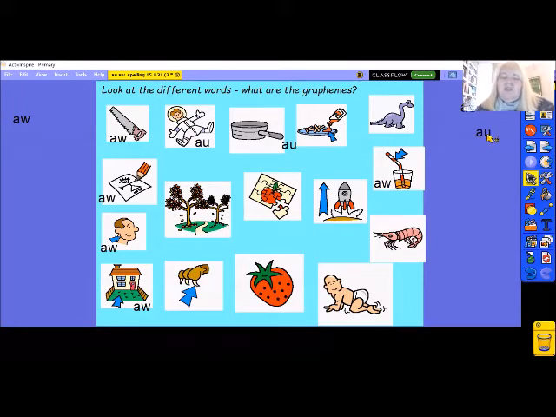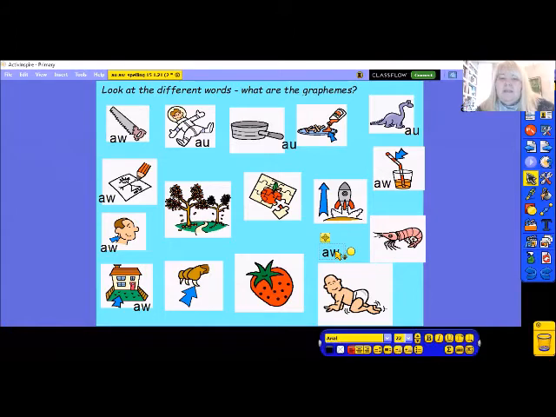So, dinosaur. That's a funny one. That's an AU ending. So it isn't always the case that every single word that ends with an or is spelt with an AW, but it's true that it's most. So it's worth trying to remember that. The next one we've got is prawn, and prawn is spelt with an AW.